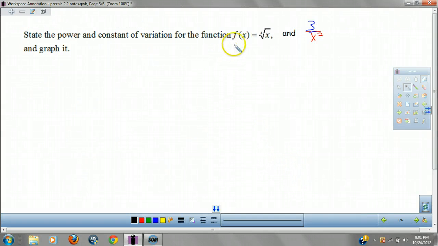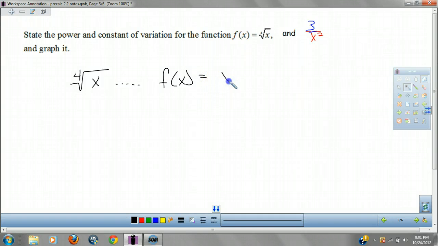Now we're going to do something that's a little bit easier. State the power and constant of variation for the function f of x is the fourth root of x, and I threw this guy in here, 3 over x squared, and graph it. Let's take a look at this guy first. First thing I'm going to do is rewrite this. This is the same thing as x to the 1/4 power. Now, unlike before when we were dealing with polynomials, you can have fractions, you can have negatives, you can have a lot of different things up there, guys.